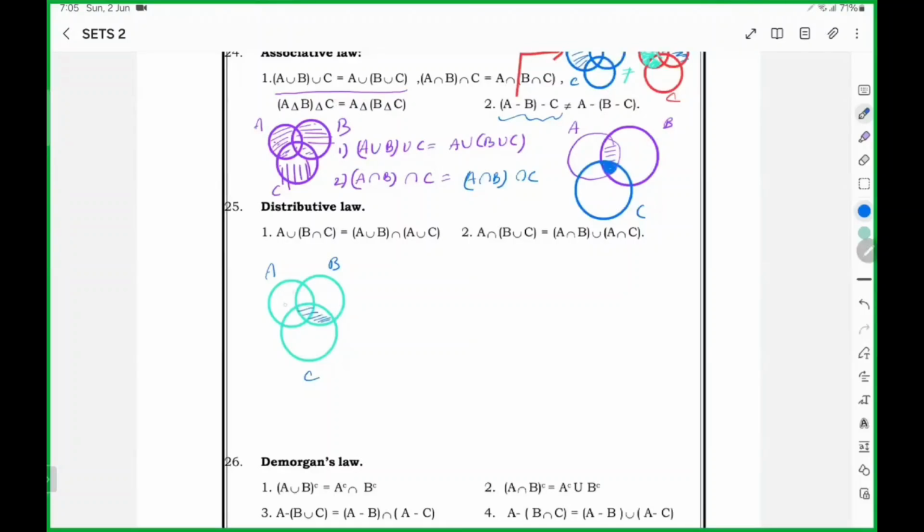A union means, so now I can write A union B intersection A union C. A union B is this.